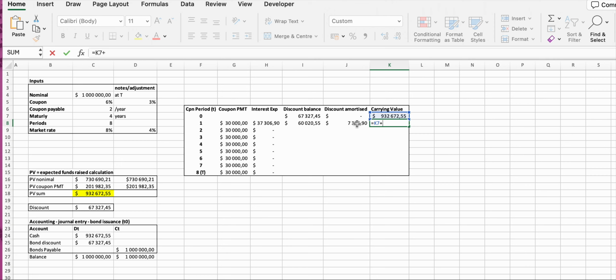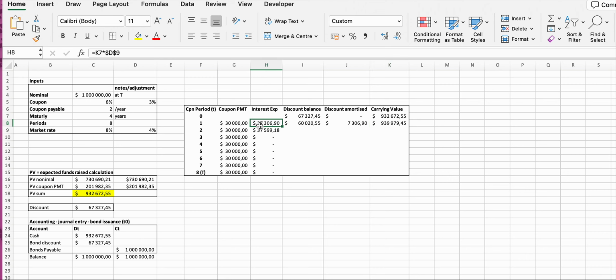What is important, as you may have already seen, is that the carrying value will be increasing. As we will see, eventually it will reach the nominal value of the bond. And we know that interest expense is a function of the market rate and the carrying value. The basis of this function is increasing, so it follows that the interest expense will be increasing.